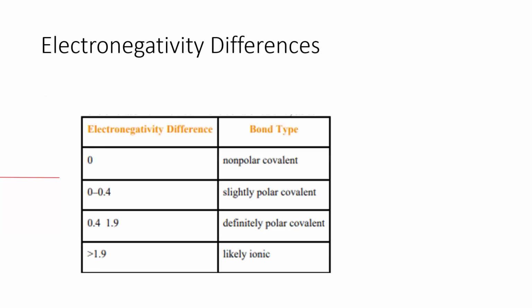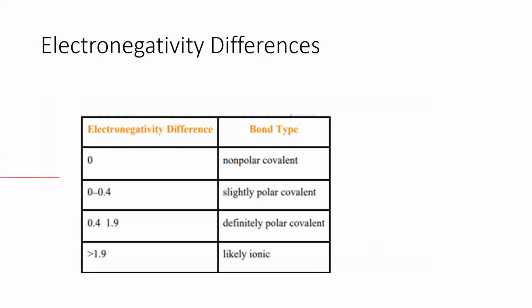That's the reason why I showed you this chart, right? This table, that electronegativity difference, and this is the bond type. So when we say difference, it means subtraction. Sum means addition. Product means multiplication, the result of multiplication.